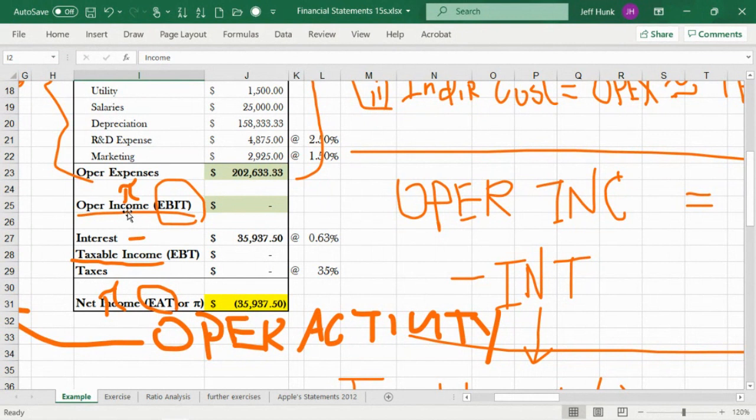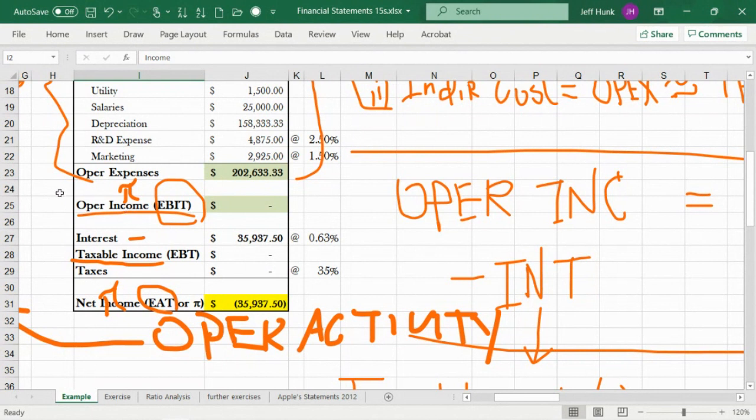So that means this is the profit before paying interest and taxes. Earnings is the same thing as profit. Most of you can understand now that earnings means the same thing as profit.